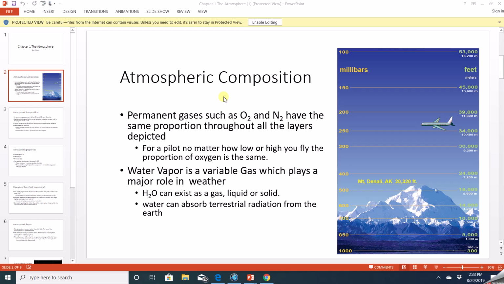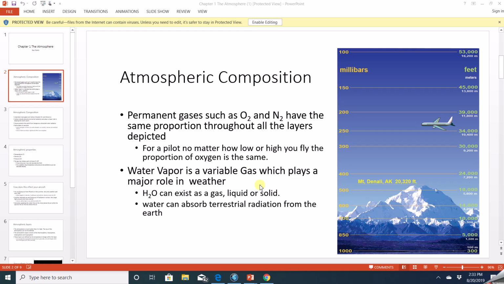But if you don't understand at least some of the fundamentals behind the weather, you can't really understand what those hazards actually mean and how to deal with them. So we're going to do the basics first, and then we'll move into the hazards. But we'll probably pick up a few hazards along the way anyway, things of interest. So we're going to start with atmospheric composition.